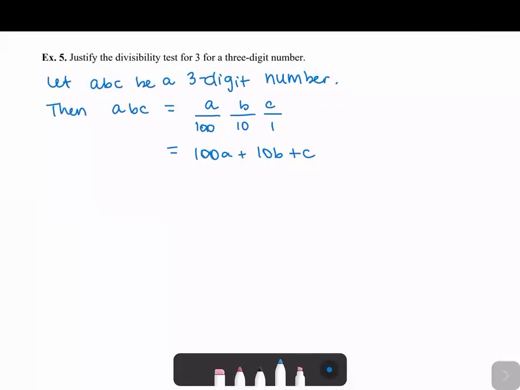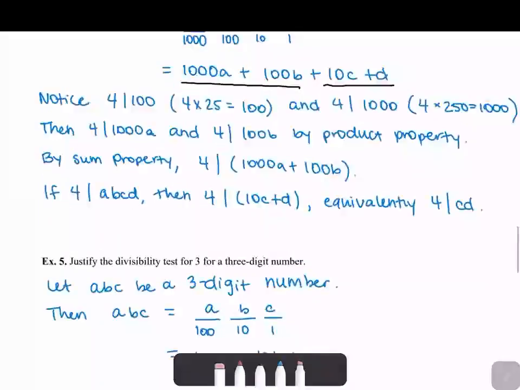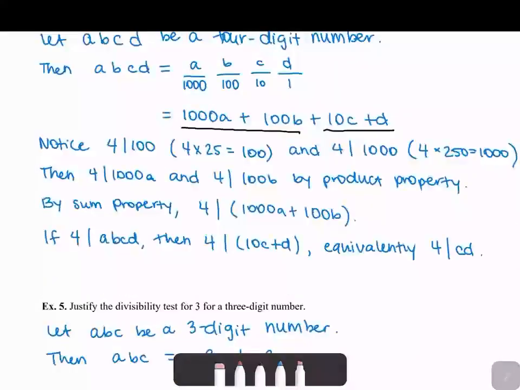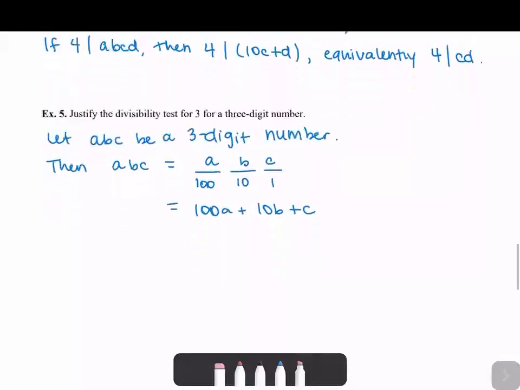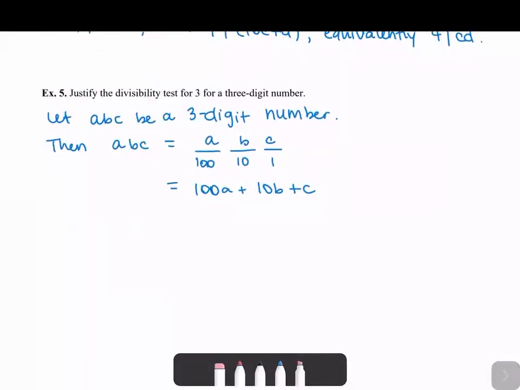Okay, so what do we know that's really close to 100 that's divisible by 3, right? In the test above, we saw that 4 just divided some of these multiples of 10, but 3 isn't going to divide any of these multiples of 10. And we're trying to get a sum here. So we know that the number 99 is really close to 100 and also divisible by 3.